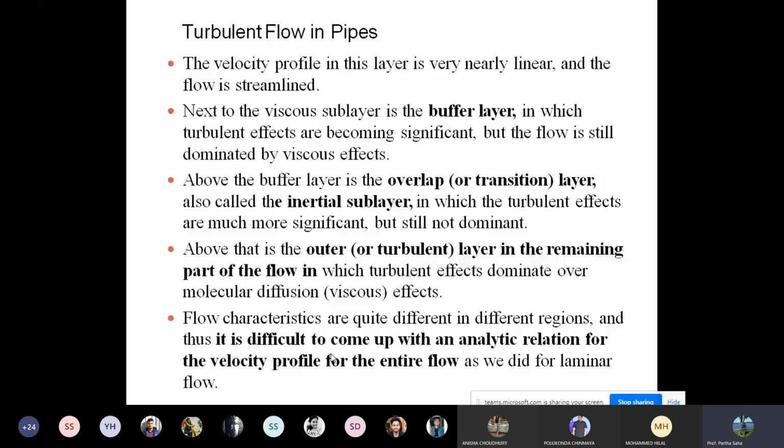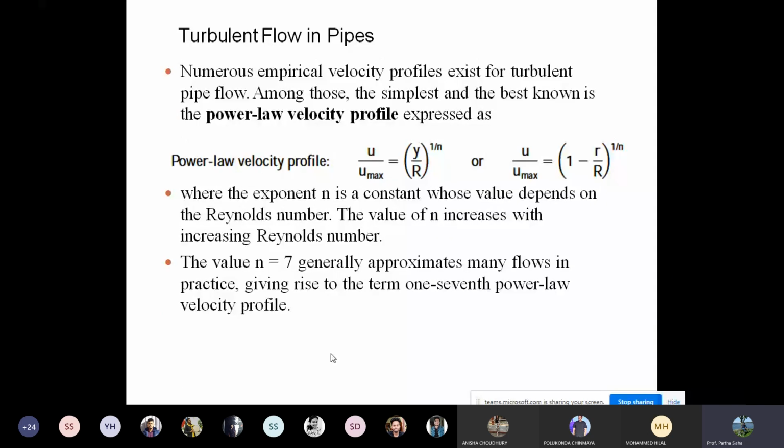You need to determine various parameters, like head loss, pressure drop, and others. So let us move forward and see how the velocity profile expression is derived for turbulent flow.